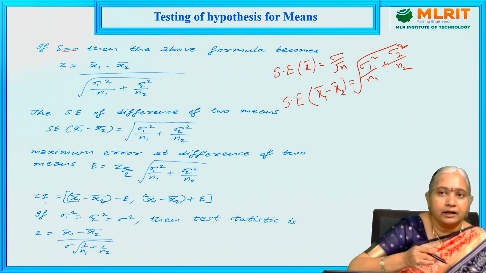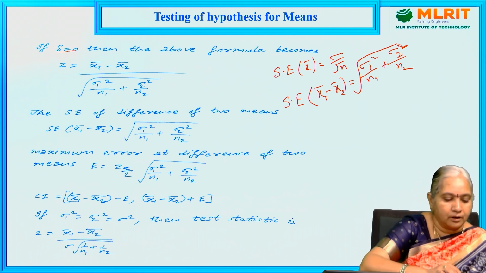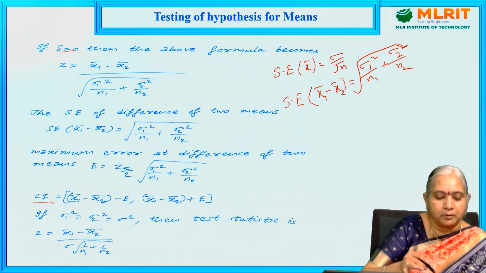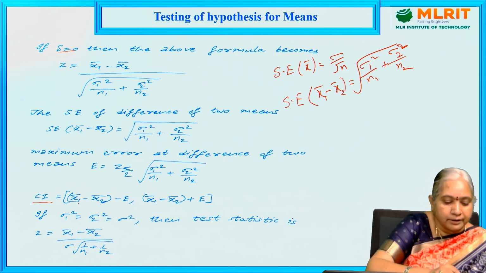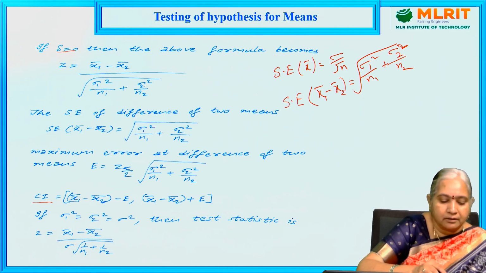Here also we can calculate the interval in which the population mean lies. The confidence interval for the population mean is x1 bar minus x2 bar, where x1 bar is the mean of the first sample and x2 bar is the mean of the second sample, and E is the maximum error.